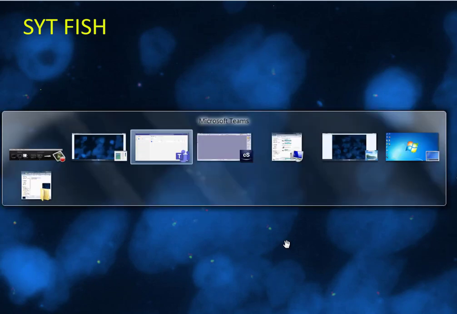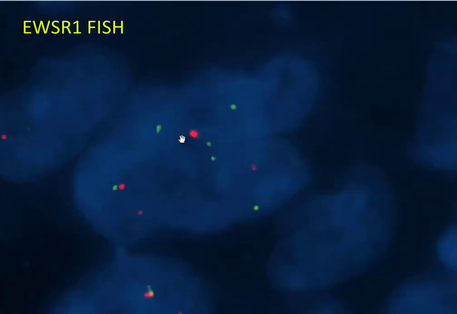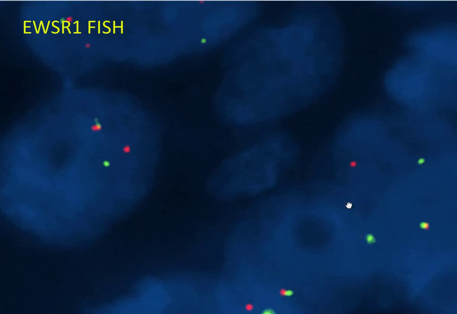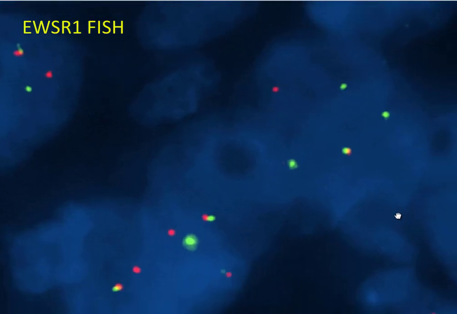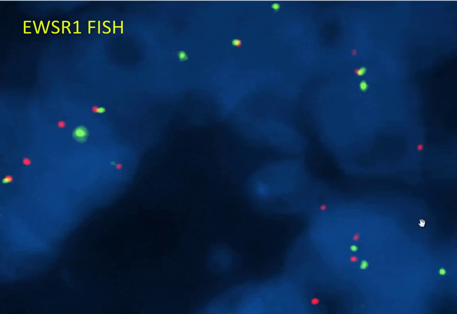However, EWSR1 was nicely positive. As you see here, we have these green and red signals. At least in one copy, we have the separation of the signals, and one copy is retained as yellow.